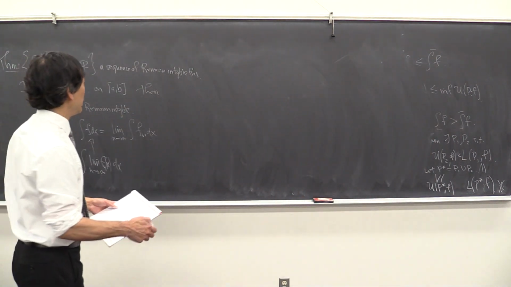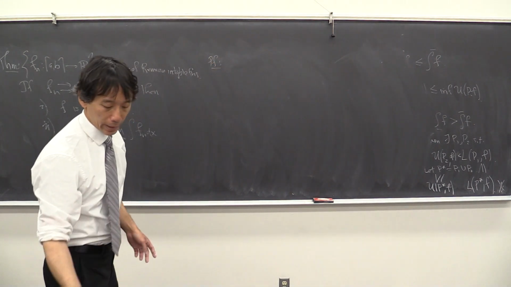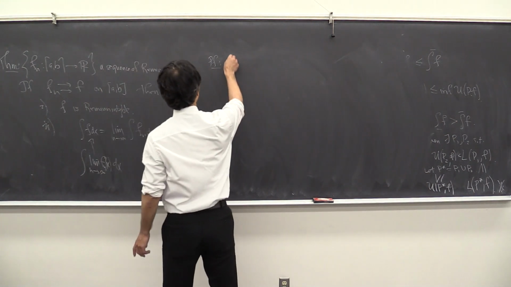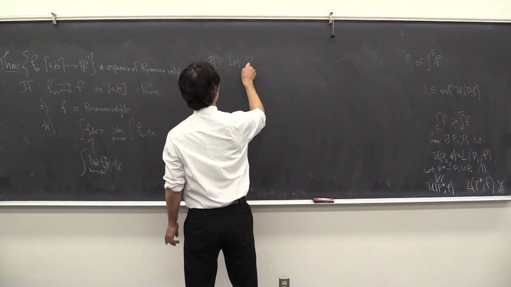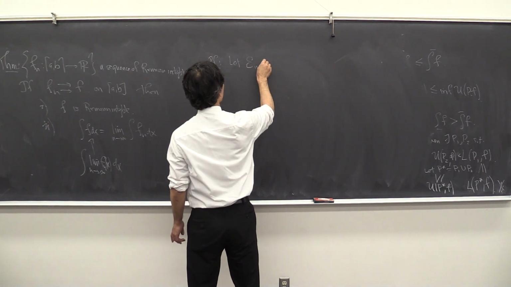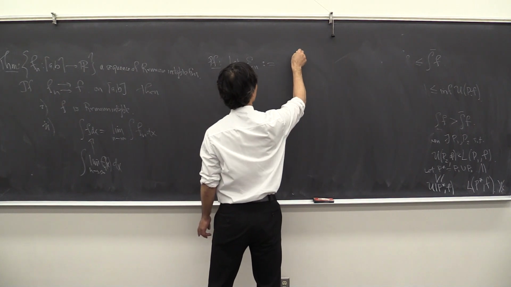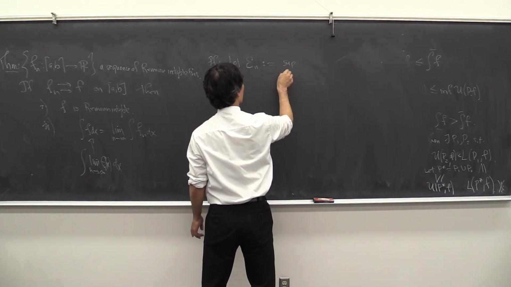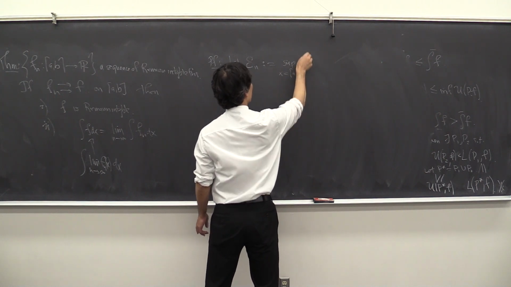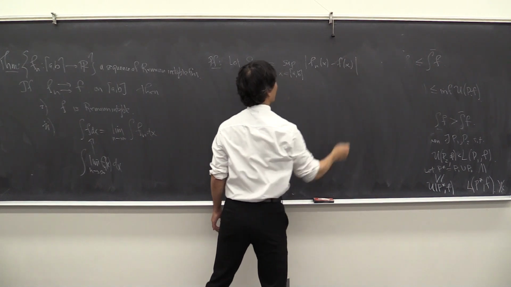Okay. So here's the proof. We say, okay, let epsilon sub n denote the greatest difference between f sub n and f.